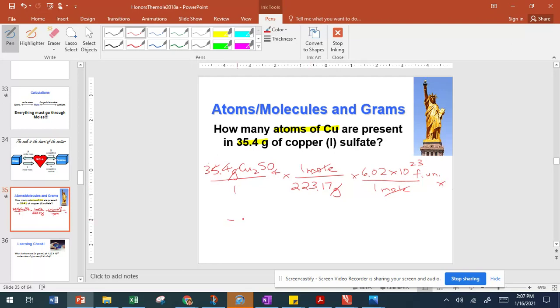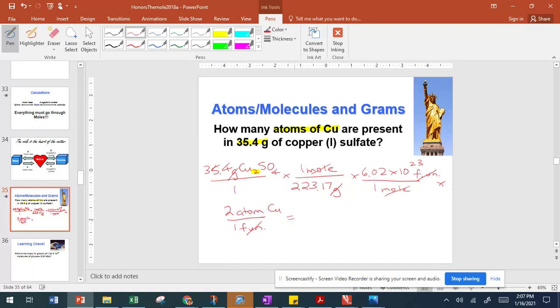Next thing we're going to have to think about, since it's asking us for atoms within the formula unit, is our formula unit for copper 1 sulfate and how many atoms of copper are in copper 1 sulfate, and we see that there are 2 of them using our subscript here. So we have 1 formula unit on the bottom to get rid of formula units, and then 2 atoms of copper on the top.